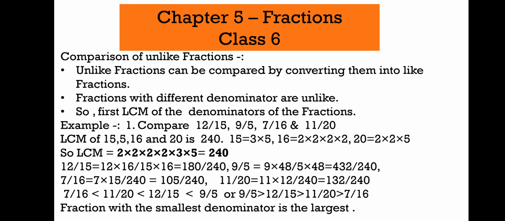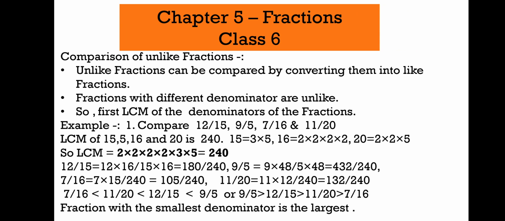Now we have to find the LCM of 15, 5, 16 and 20. Here 15 is 3 into 5, 16 is 2 into 2 into 2 into 2, 20 is 2 into 2 into 5, and 5 is 5 itself. The LCM is 2 into 2 into 2 into 2 into 3 into 5, that is 240.